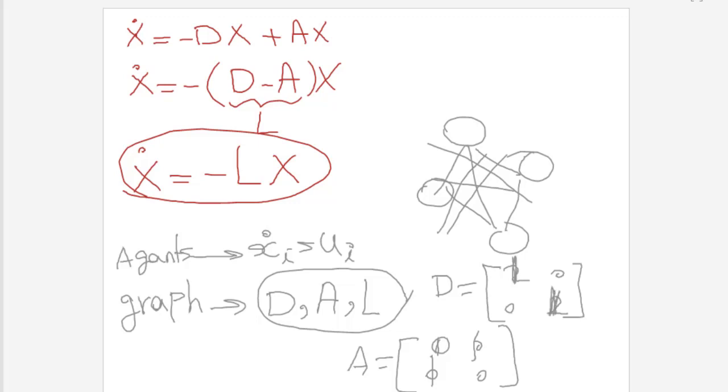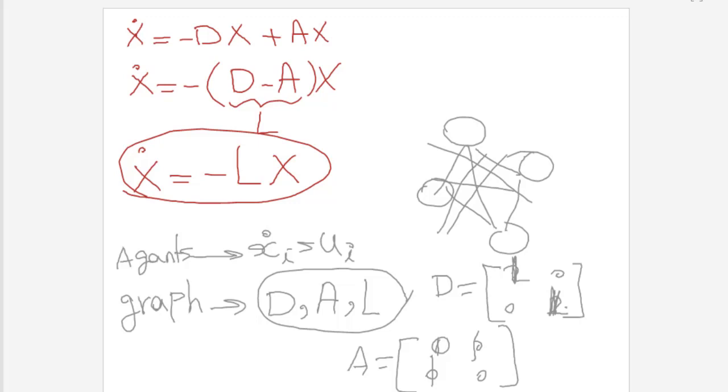Let me change this. For example, I write D is equal to 1, 0, 0, 1. A is equal to 0, 1, 1, 0. This is the definition for the graph.